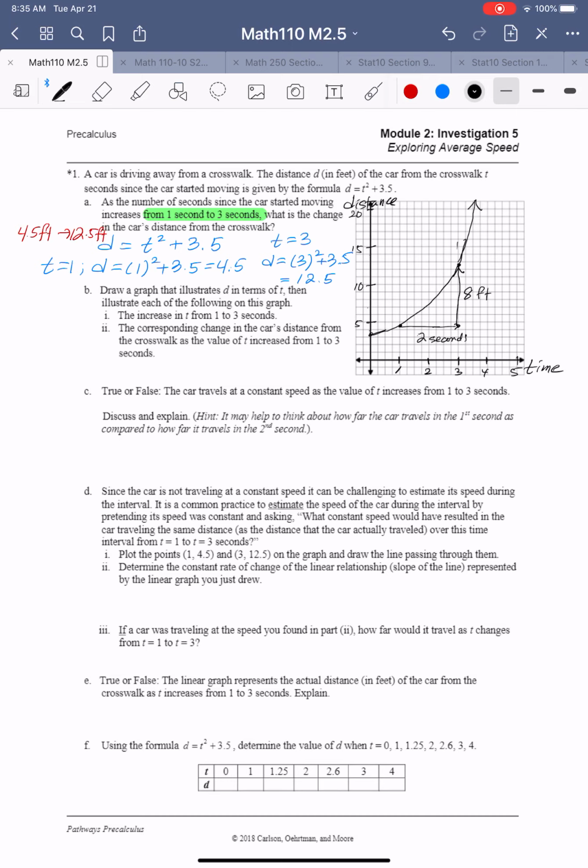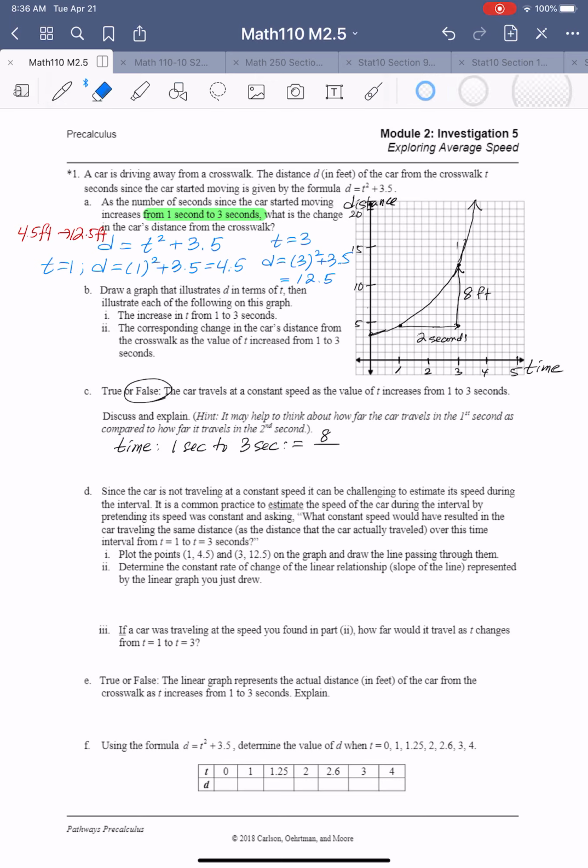Okay. All right, c, true or false? The car travels at a constant speed as the value of t increases from 1 to 3 seconds. I don't think that's true, because it depends on the interval of time that you choose. If we choose 1 second to 3 seconds, the distance goes up by 8.